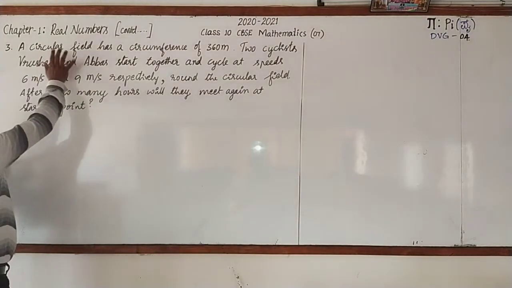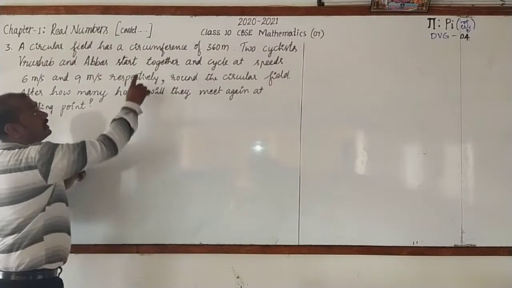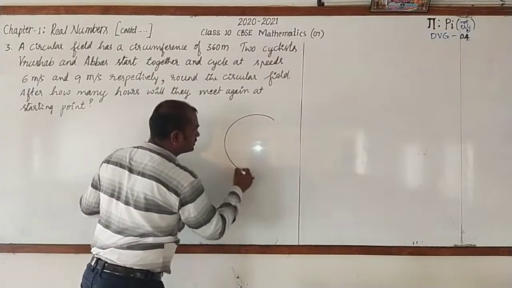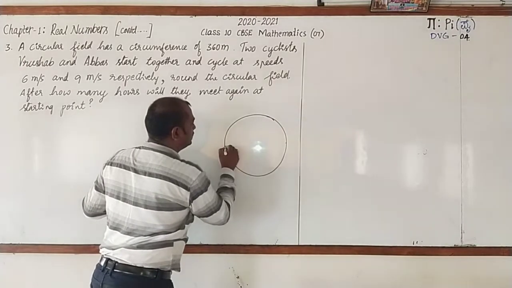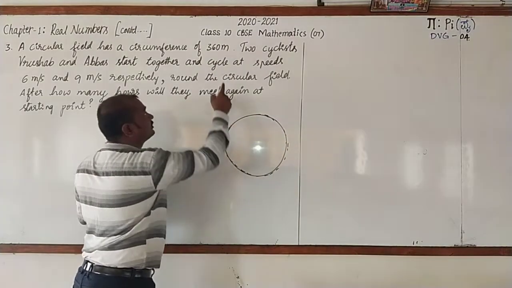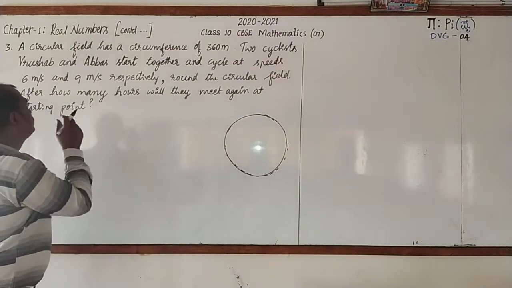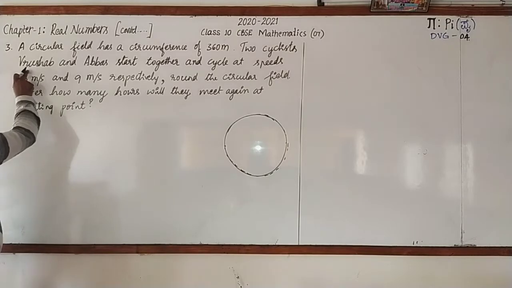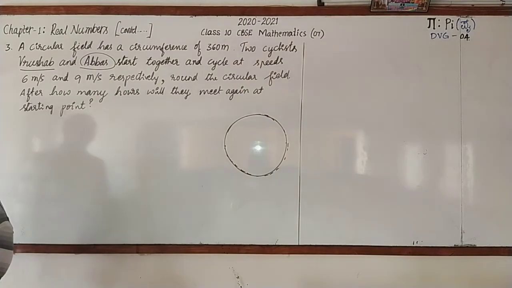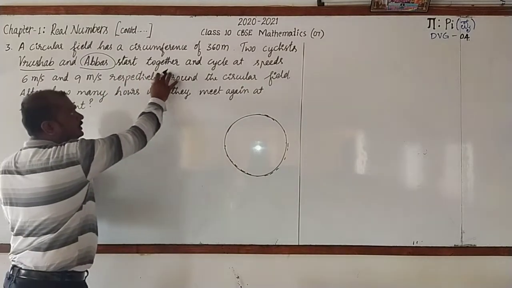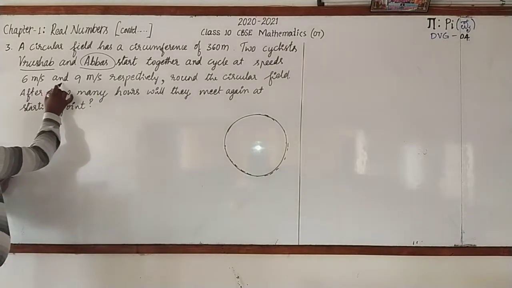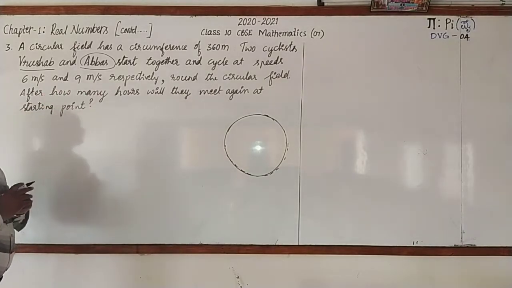A circular field has a circumference of 360 meter. They are given a circular field and its circumference, that is the distance around a circle, which is 360 meter. Two cyclists, Rushabh and Abbas, start together and cycle at speeds 6 meter per second and 9 meter per second respectively.